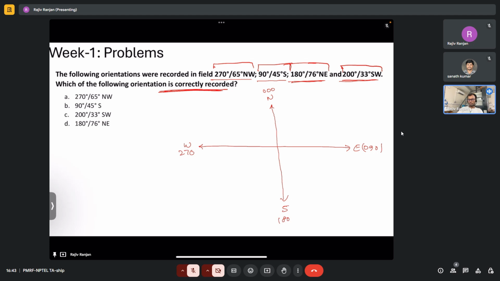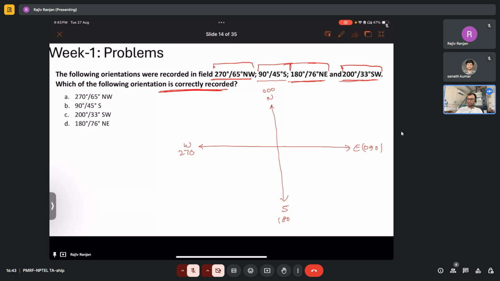Let's look at the first option, 270 degree, 65 degree northwest. 270 degree is the strike, so the strike will be like this, and 65 degree northwest.